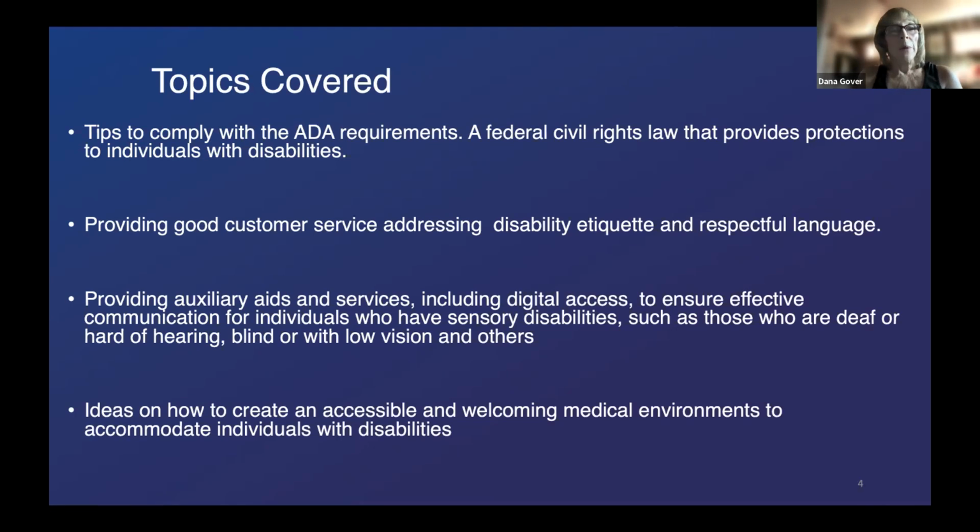Another area of topics we're going to cover is auxiliary aids and services that includes digital access to ensure effective communication for individuals who have sensory disabilities, such as those who are deaf or hard of hearing, blind or with low vision, and other types of disabilities. And finally, we'd like to provide you ideas on how to create an accessible and welcoming medical environment to accommodate individuals with disabilities.